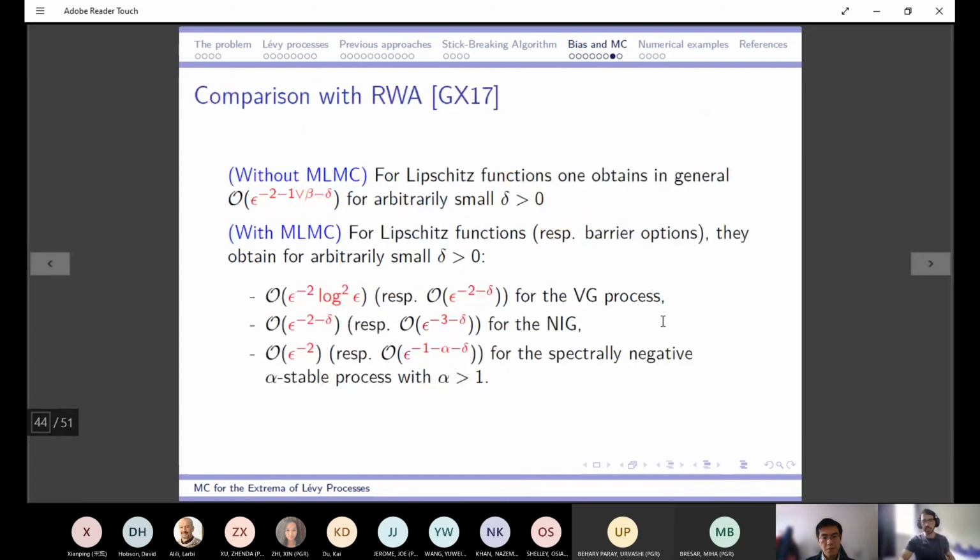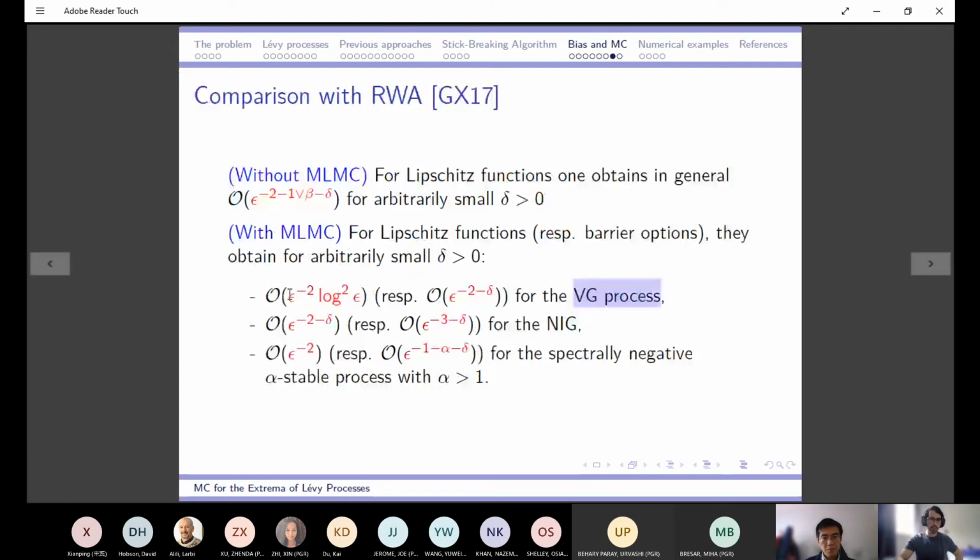And just for completeness, I'll explain what happens if you do this under a random walk approximation or under the more complicated Wiener-Hopf approximation. If you have a variance gamma process, so this now depends on what process you're working with and the specifics of these Blumenthal-Getoor index I described.